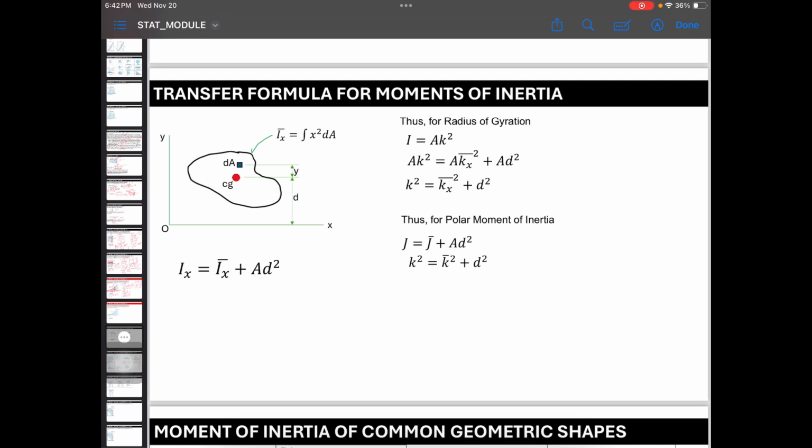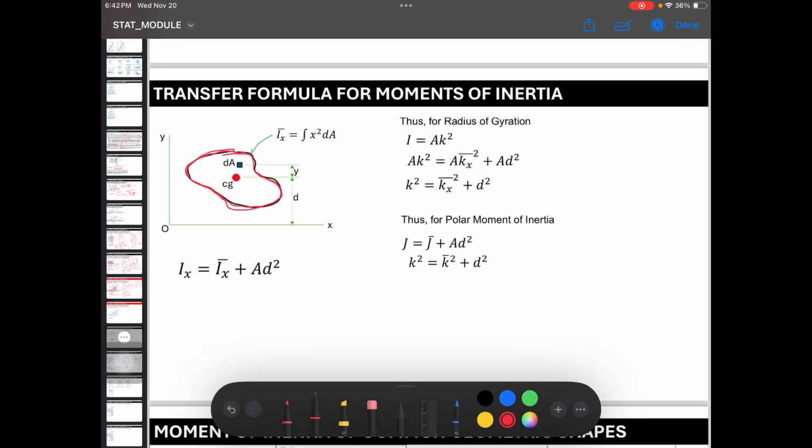So, ang ibig sabihin nito, yung mga, di ba, may local axis ang sections, or kunwari, itong area na to, may local axis siya. Yun yung centroidal axis niya dito. Ngayon, minsan gusto natin siyang ilipat ng axis. Kunwari, ito yung gusto kong paglipatan niya ng axis, yung x and y na to, global. So, ito yung formula para malipat mo siya.